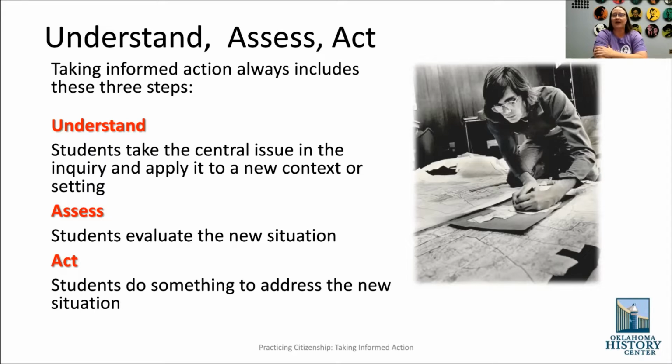So you can break down a lot of the topics that you cover in a social studies classroom to fall under an umbrella of government power and tensions between different functions of government. You can look at equality and access. That's been a continuing narrative, a continuing concept in American and Oklahoma history.